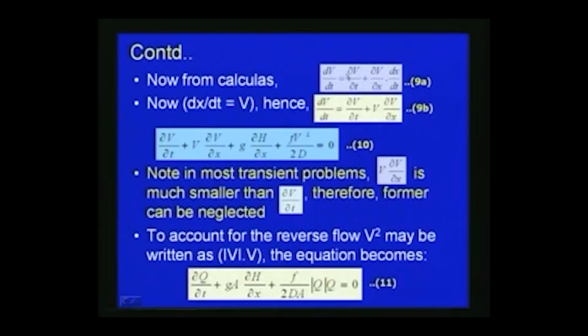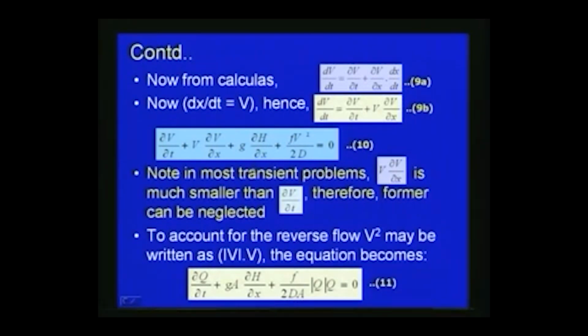Now from calculus we can write this dV by dt, which is the acceleration, is equal to del V by del T plus del V by del X into dx by dt, since dx by dt is equal to the velocity v. So, we can write dV by dt is equal to del V by del T plus v into del V by del X, as in equation number 9b. Finally we can write the dynamic equation as del V by del T plus v into del V by del X plus g into del H by del X plus f v square by 2d is equal to 0, as in equation number 10.